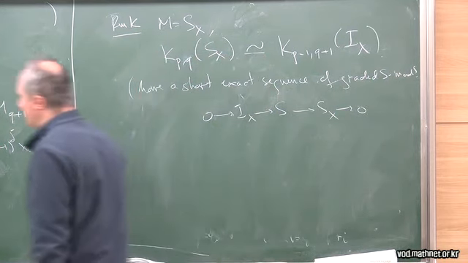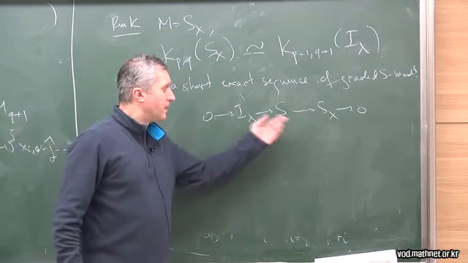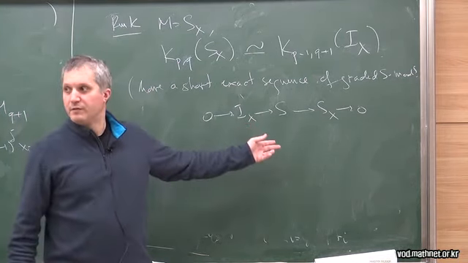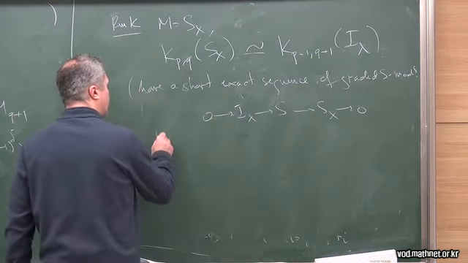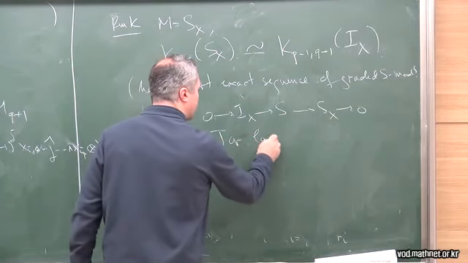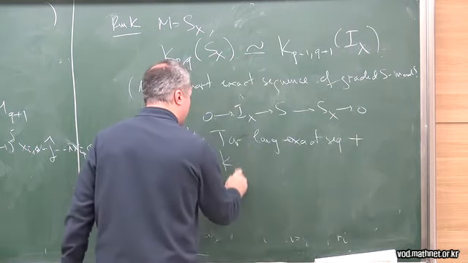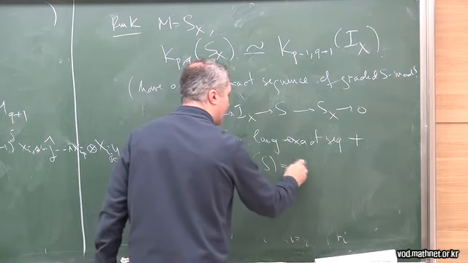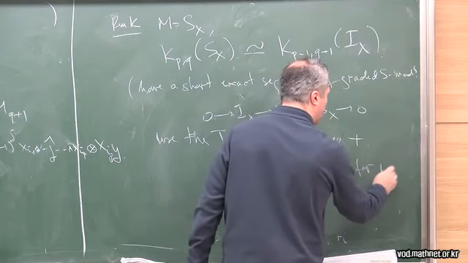And these Kp,qs are graded Betti numbers, so they are dimensions of Tor. So for each short exact sequence, we have a long exact sequence of Tor, and we use the Tor long exact sequence plus the fact that Kp,q of S is 0 except for p,q equal to 0,0.